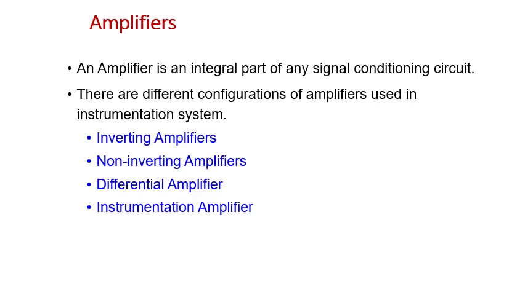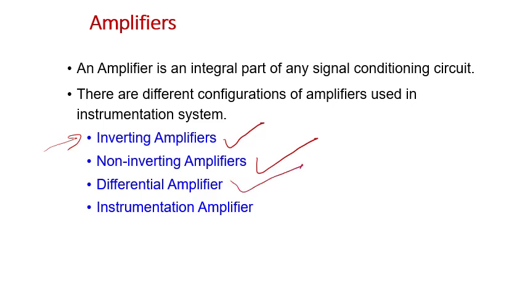For that, there are 4 circuits we are going to use here in instrumentation. Actually, there are many circuits for the amplifier, but mainly in instrumentation, we are going to deal with the inverting amplifier. I mean a circuit which amplifies the signal and makes the output shifted by 180 degrees from the input, meaning positive becomes negative and negative becomes positive. The non-inverting amplifier will amplify without inverting, meaning the input is positive, the output is positive.